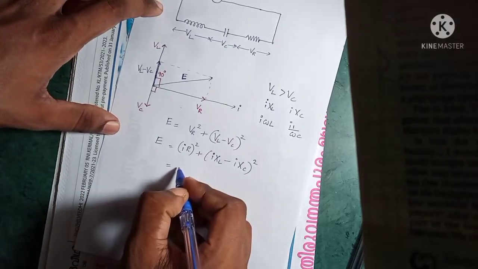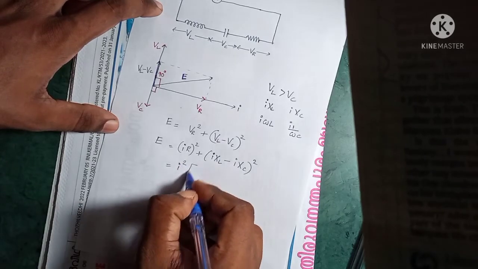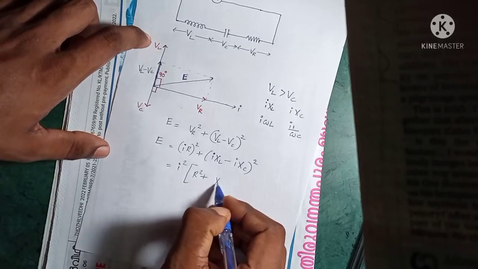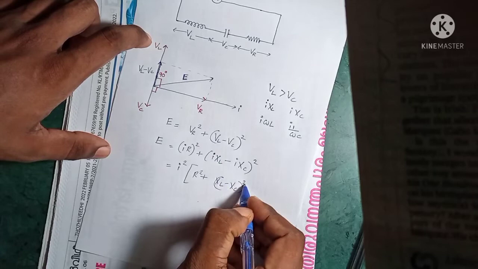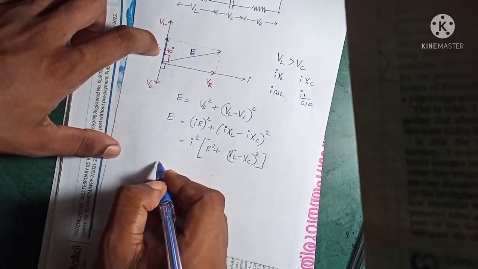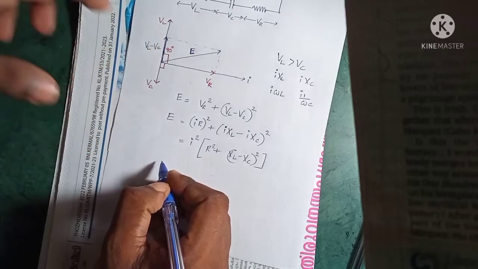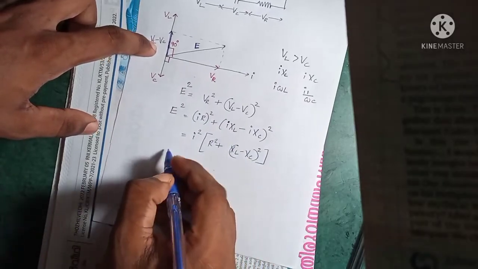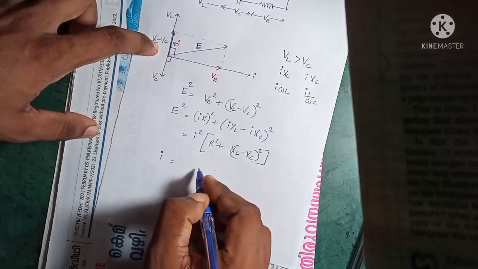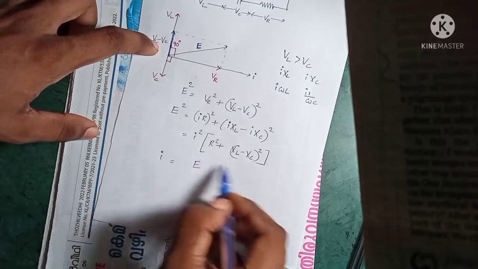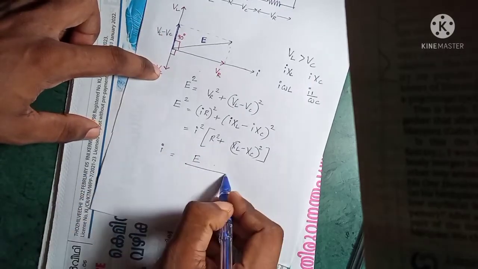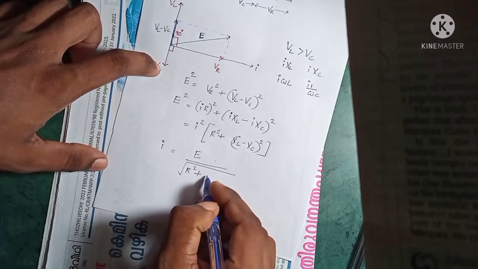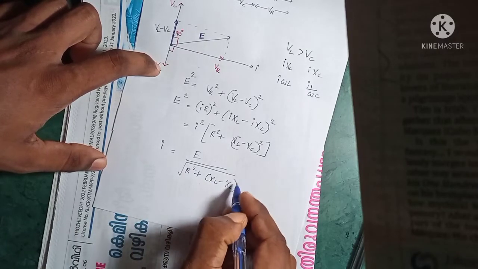Taking I common outside, this will be I squared times R squared plus XL minus XC whole squared. So current can be represented as E upon root over R squared plus XL minus XC whole squared.